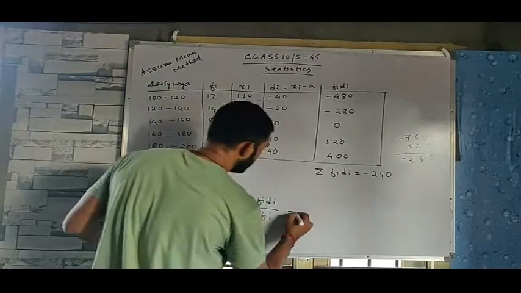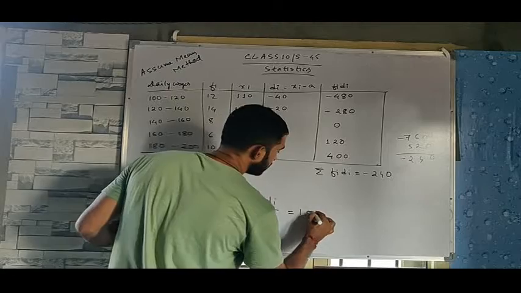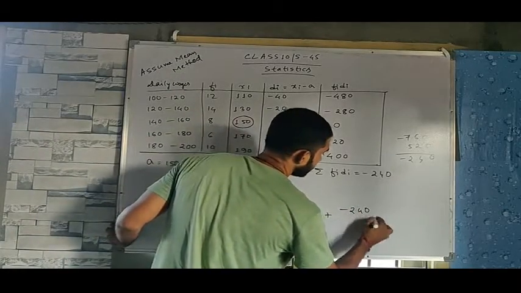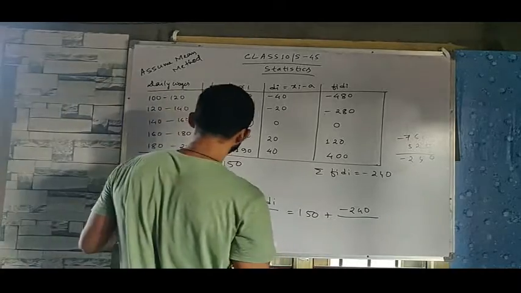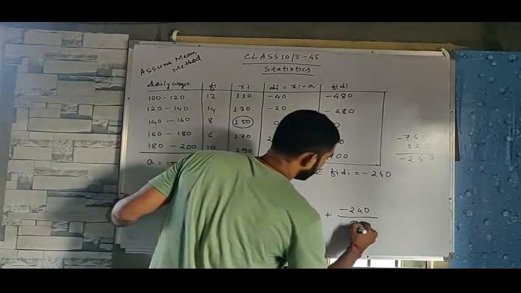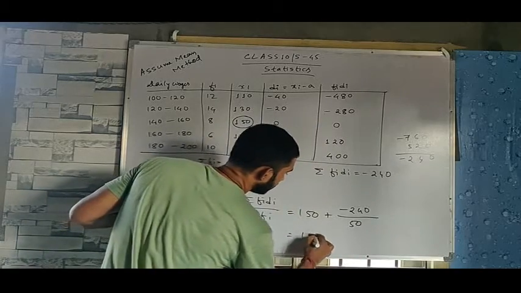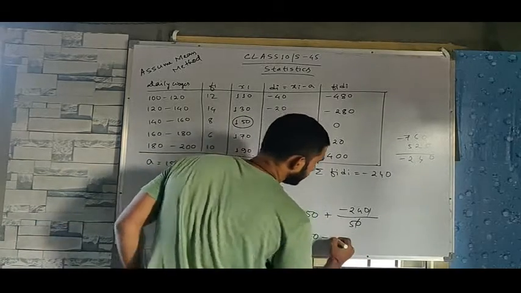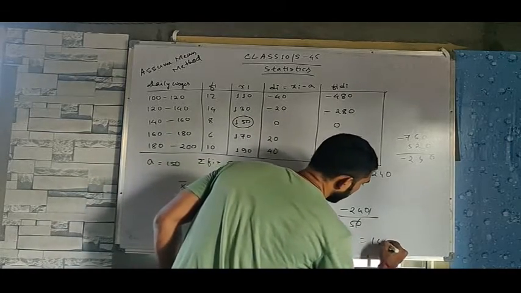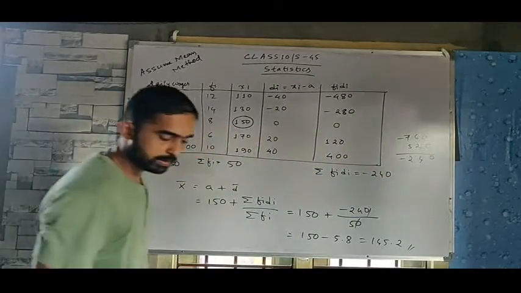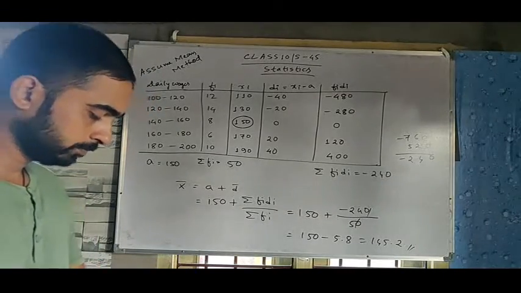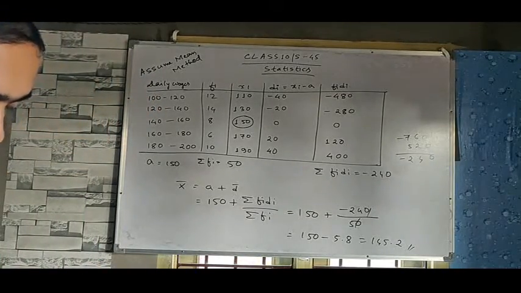So 150 plus summation fi di, minus 240, by summation fi, 50. Minus 240 by 50 is minus 4.8, so 150 minus 4.8 is 145.2. This is the mean of the given question. Got it? This is known as the assumed mean method.